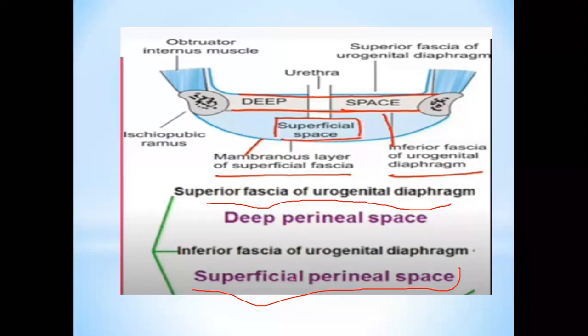So the superficial perineal space is formed by, or has an inferior relationship to, the inferior fascia of the urogenital diaphragm, while the deep perineal space is related to the superior fascia of the urogenital diaphragm. That is why I've specifically taken this picture, just to explain this point.